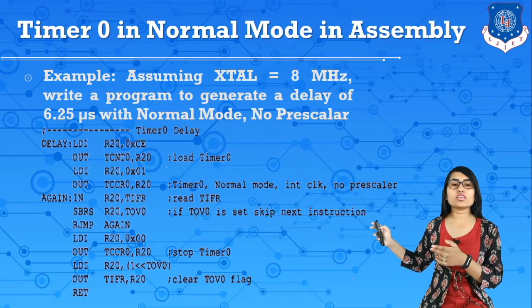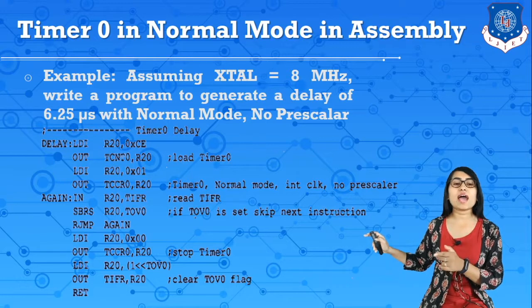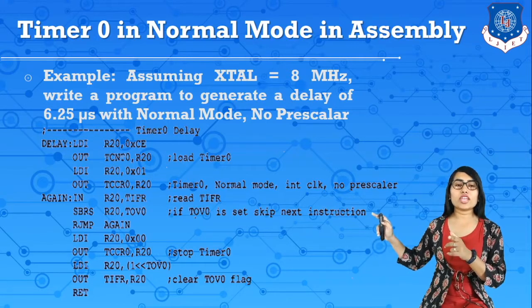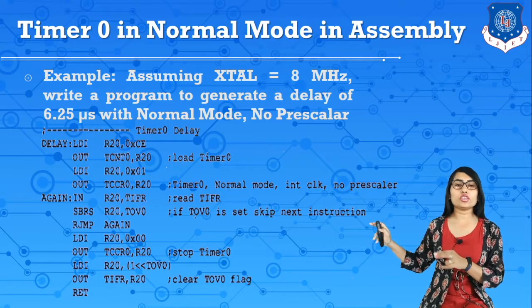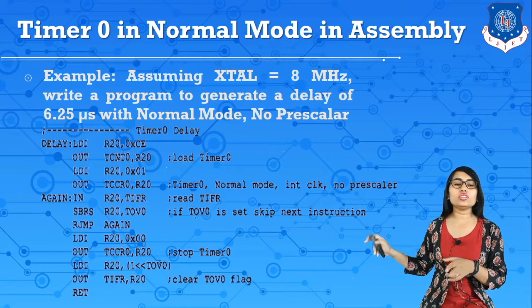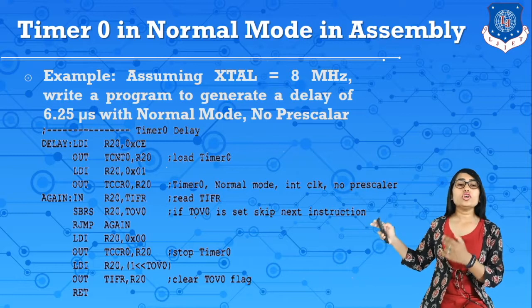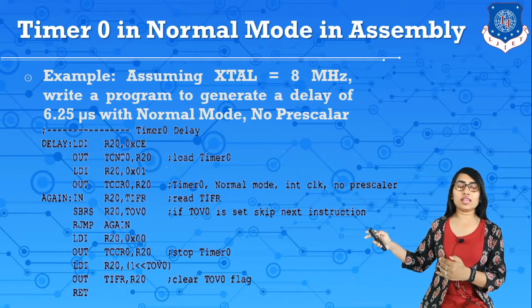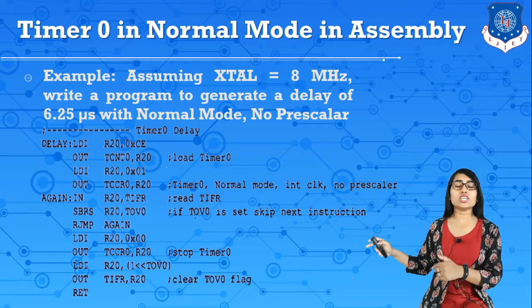Whenever TOV0 is equal to 0, it executes the next instruction, which is RJMP again, so the value of TIFR is copied into R20 again and it checks the value of TOV0. This continues while TOV0 is equal to 0. Whenever TOV0 is equal to 1, it skips the RJMP line and goes to the next line.